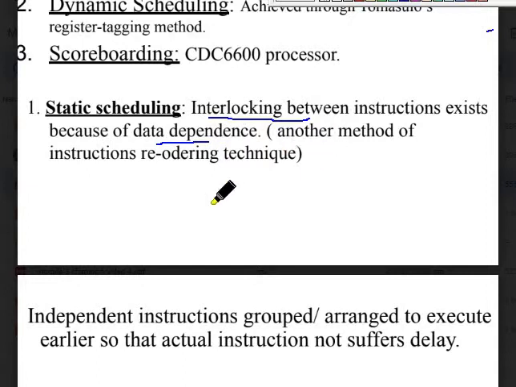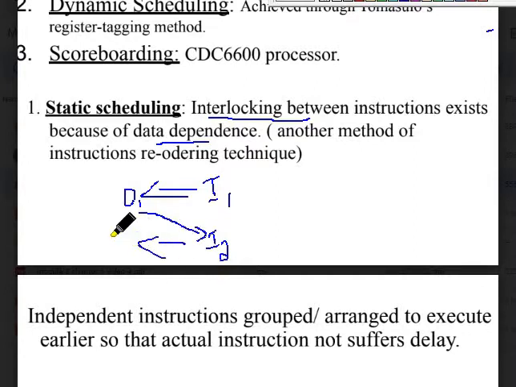That means output 1, which we got by executing input 1, acts as input 2. To generate output 2, we have to wait until output 1 completes execution. Because output 1 itself is input 2, it is data dependent.